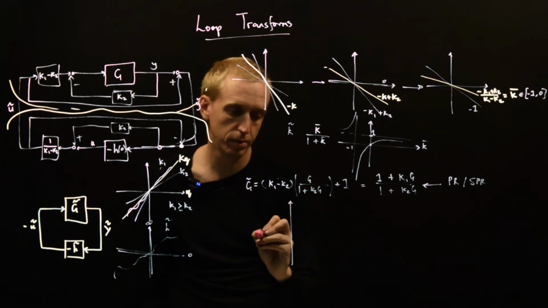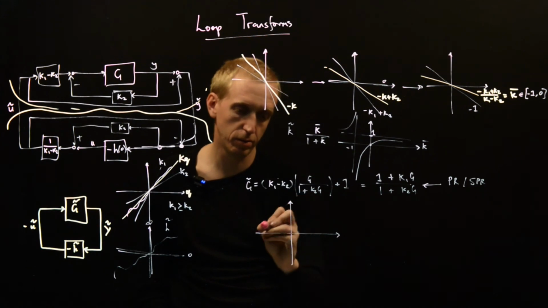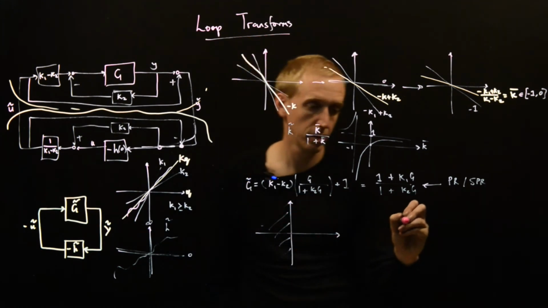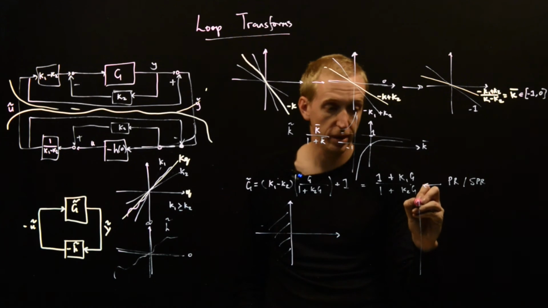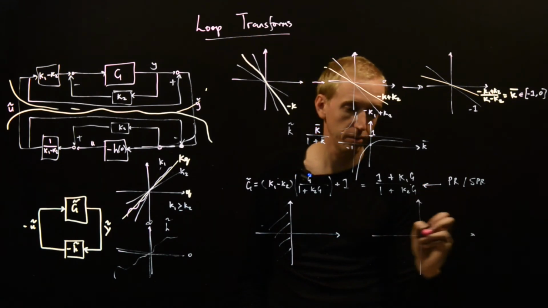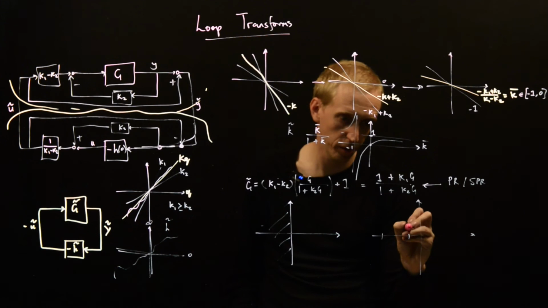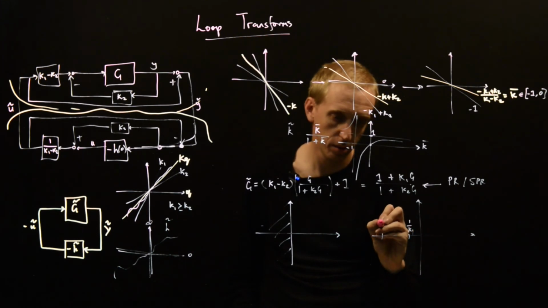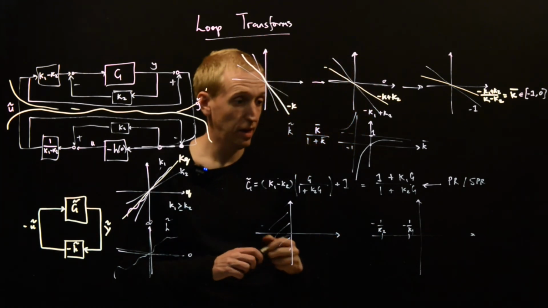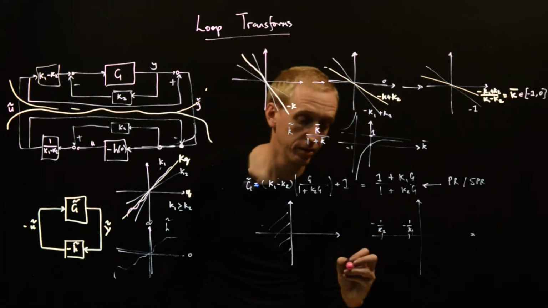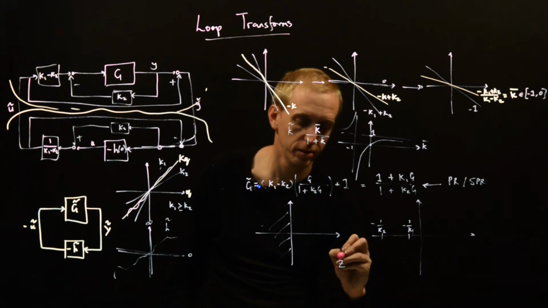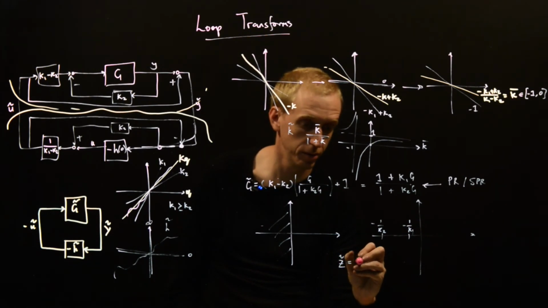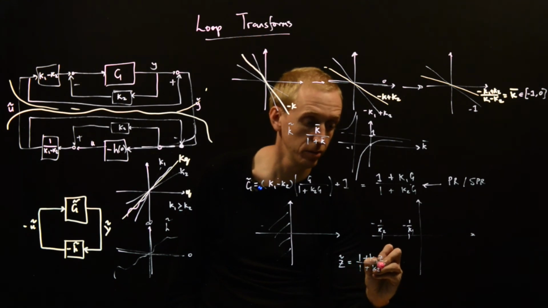And we have two pictures of the right half plane, and we have a picture with 1 over k1 and minus 1 over k2. And we have the function z tilde equals 1 plus k1 z over 1 plus k2 z.